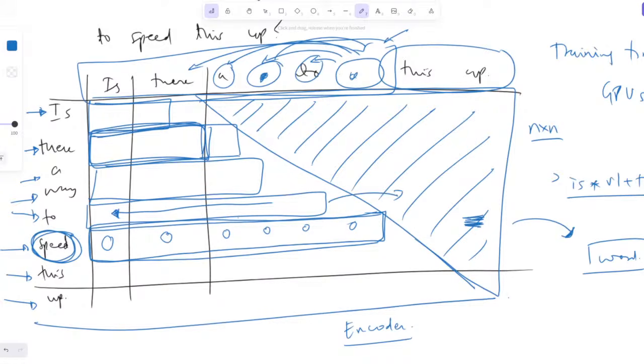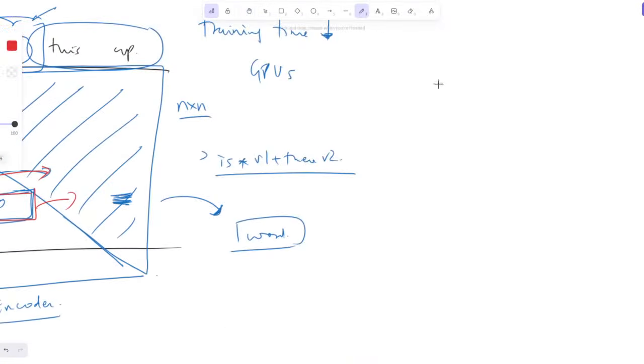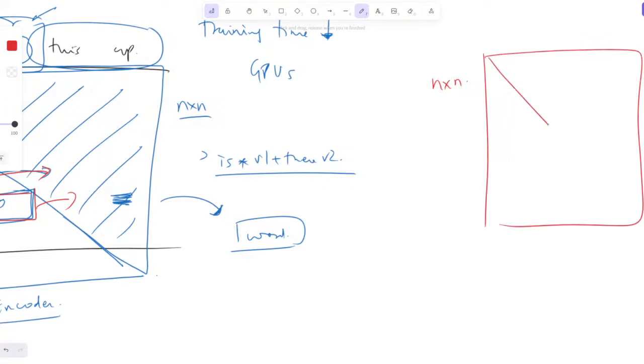Every prediction from this point, I'll mark this in a separate color, every prediction from this point is going to be like predicting by looking only at these many words. Okay, I'll tell you the rough output of this. You basically have an n cross n matrix where only half the values are filled.